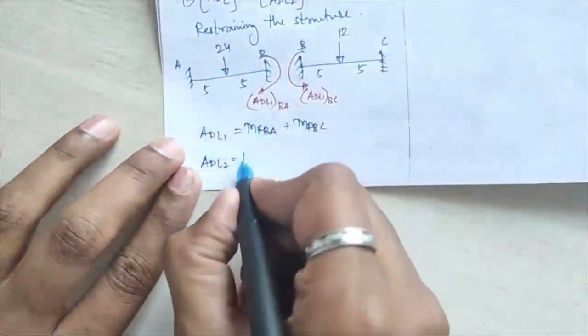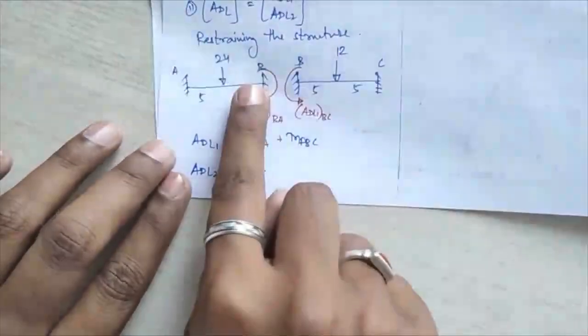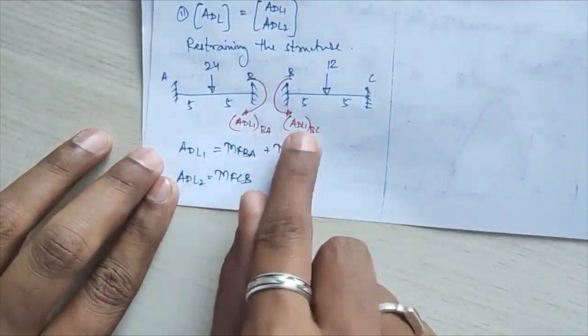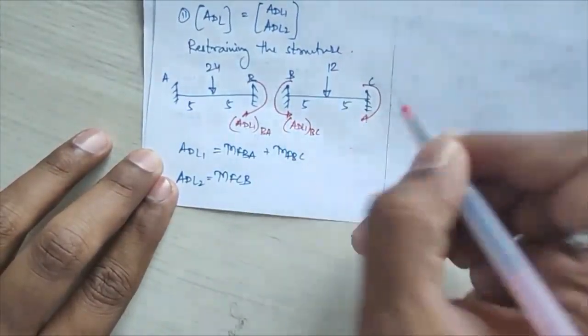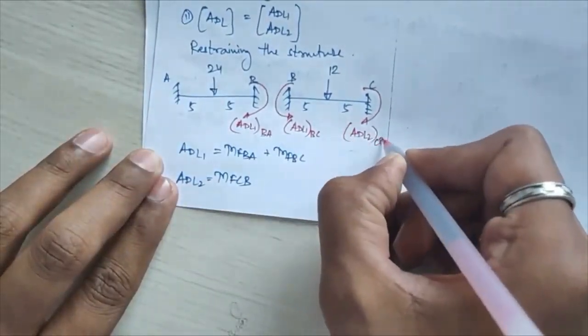So ADL2 will be nothing but MFCB. So at point B, I'll get BA and BC, that is ADL1 for BA and ADL1 for BC, and at point C I'll again get a clockwise restoring moment, that will be your ADL2 and that will be for CB.